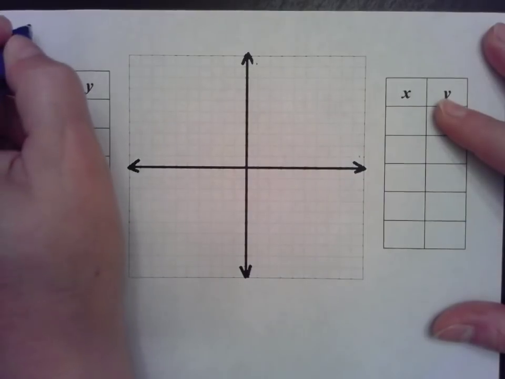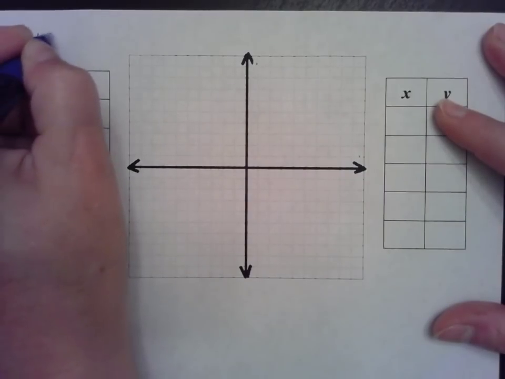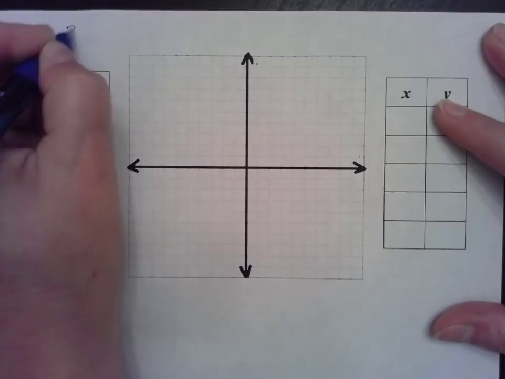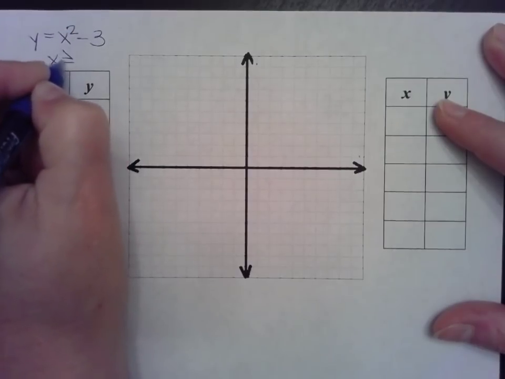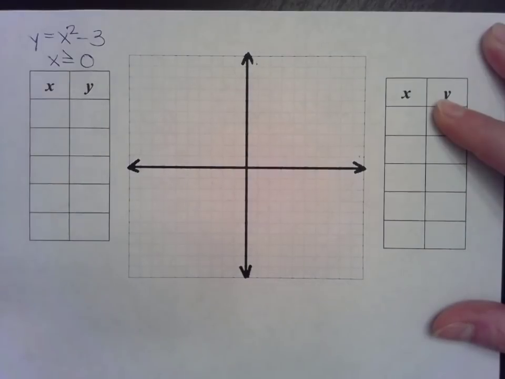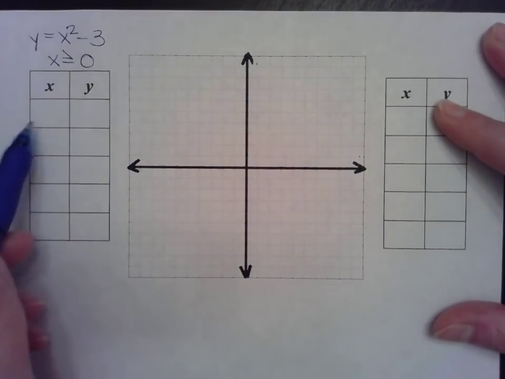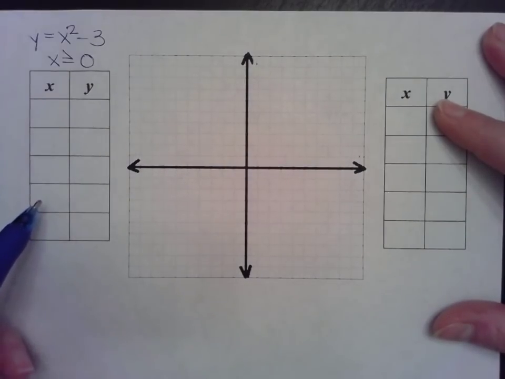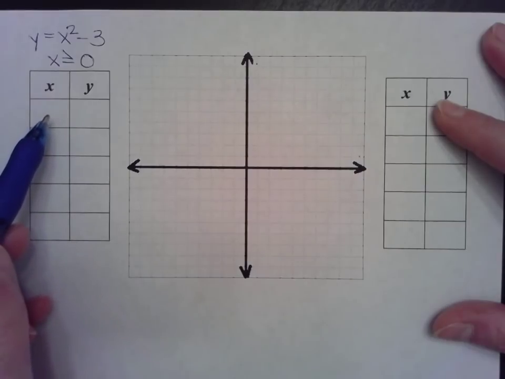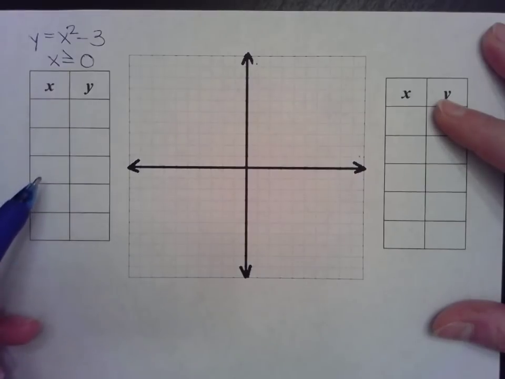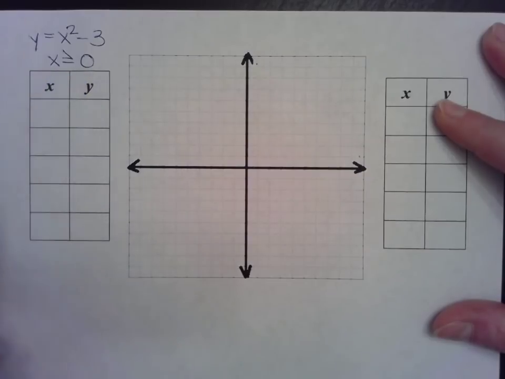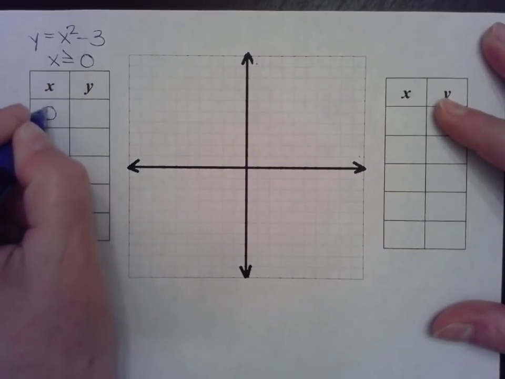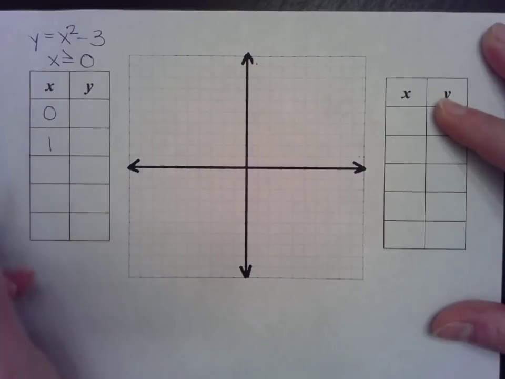So the function we have is y equals x squared minus 3, and we're taking the x values to be greater than or equal to 0. Which means when I go to make the graph for this function, it would not be appropriate to pick x values that are less than 0, because remember, I'm only looking at the right-hand side. So 0 would be a good starting point. 1, 2, maybe that's enough.